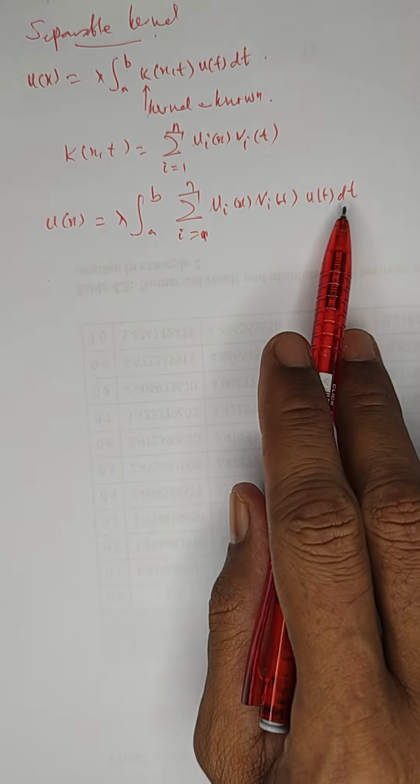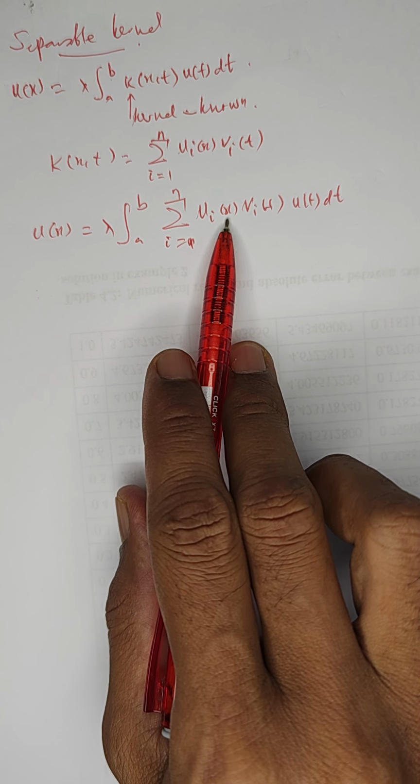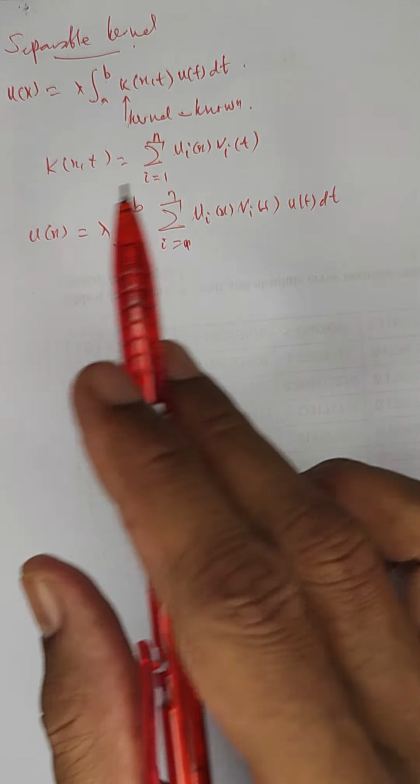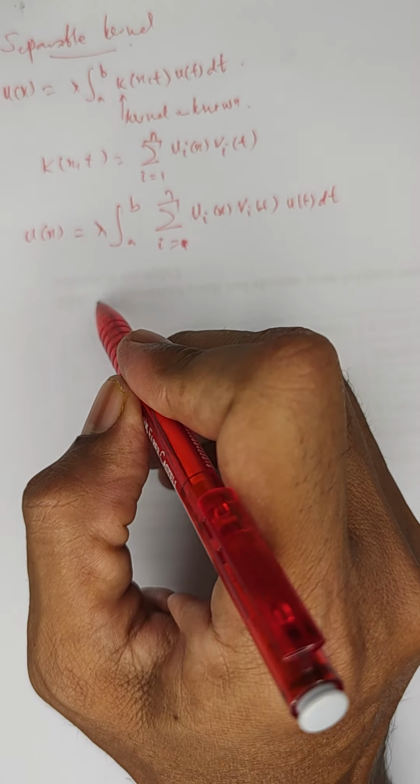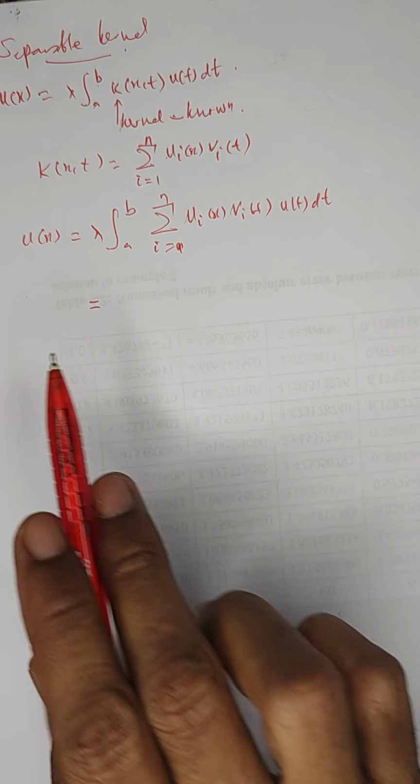Since the integration is with respect to t, we can take the function of x outside the integral and change the order of summation and integration.